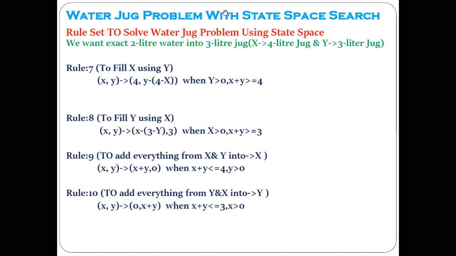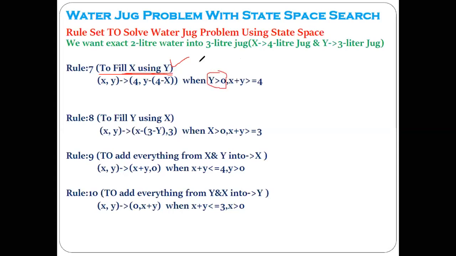Okay, let's see the other rules. Seventh rule: now you want to fill X using Y. Then how should we write this? If you want to fill X using Y, there should be some water in Y, yes or no? Yes, sir. That is the condition: Y must be greater than 0.